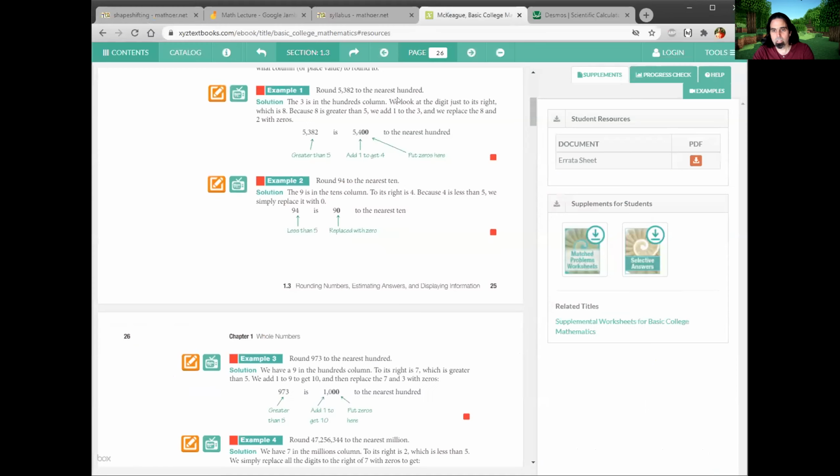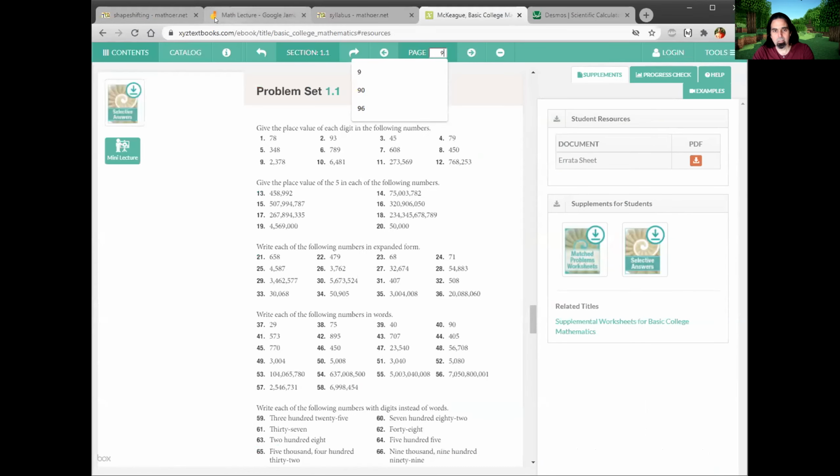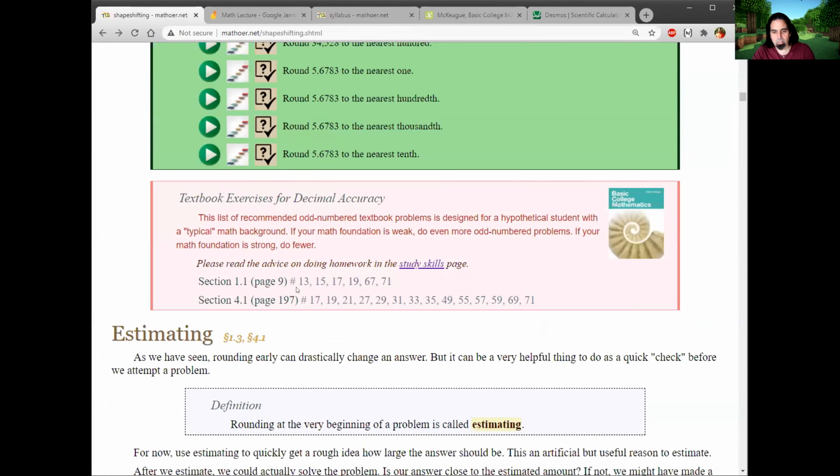So I could just go to the textbook, say, go to page 9. That's problem set 1-1, and do these problems and see if I did things right. If you want more, then you have the whole textbook.